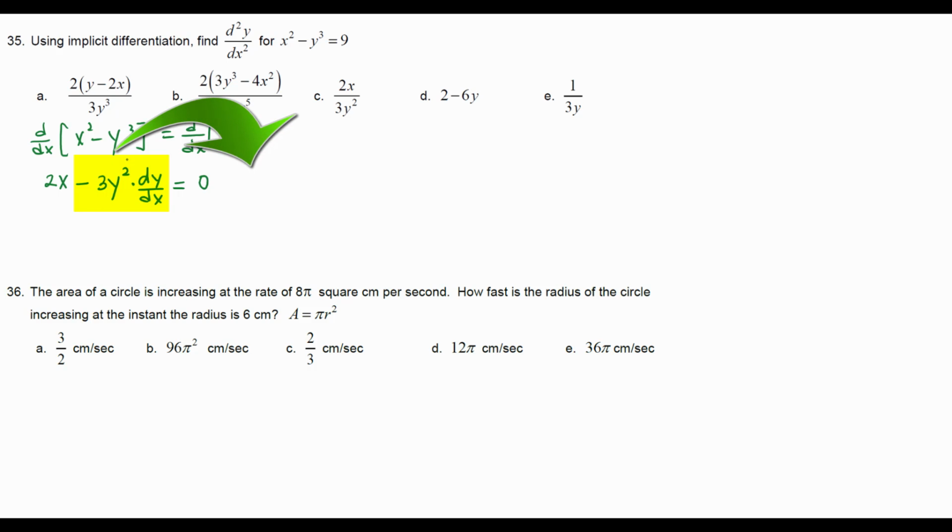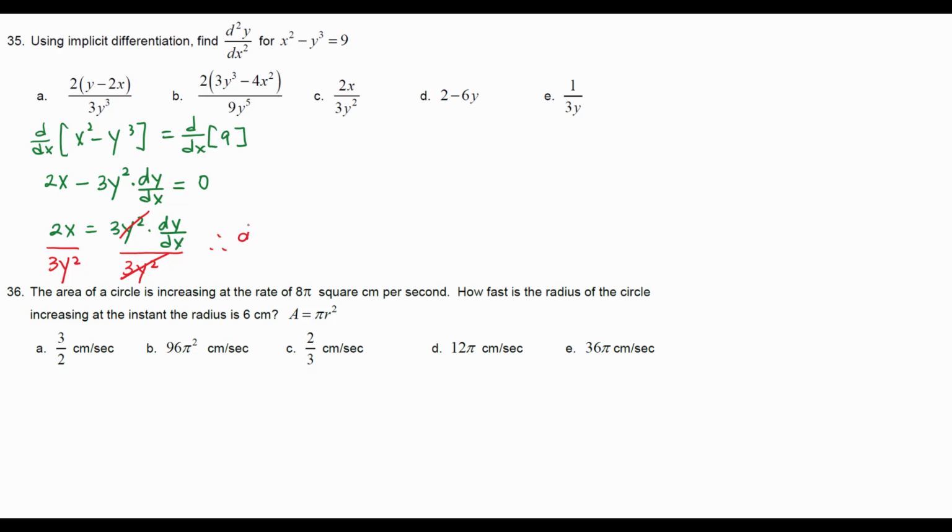So we're going to just send that term to the right hand side to avoid the negative. So I have now 2x equal 3y squared dy/dx. Now to solve for dy/dx, of course, we're going to divide both sides by 3y squared. So we found dy/dx, and dy/dx is equal to 2x over 3y squared.